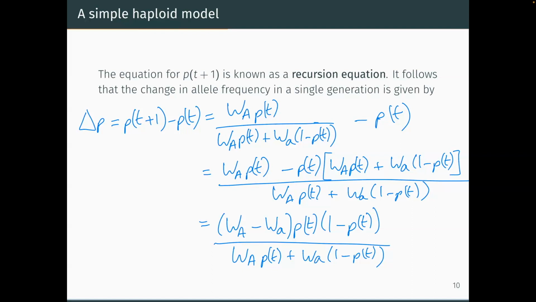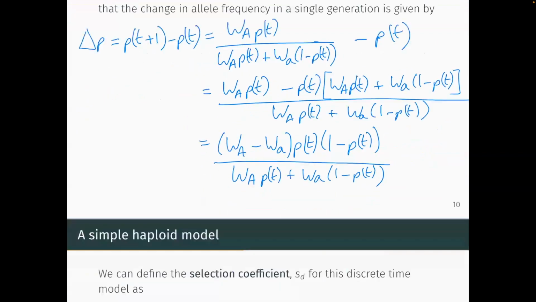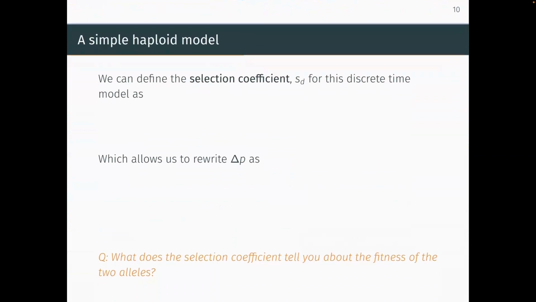So the sign of delta P is just going to depend on the sign of W sub capital A minus W sub little a. So the difference in the absolute fitnesses. So again, that should intuitively, we talked about, okay, if an allele has higher fitness than another one, then it should increase in frequency, and vice versa, it should decrease in frequency. Okay, so that will only happen depending on their relative fitnesses or absolute fitnesses here.